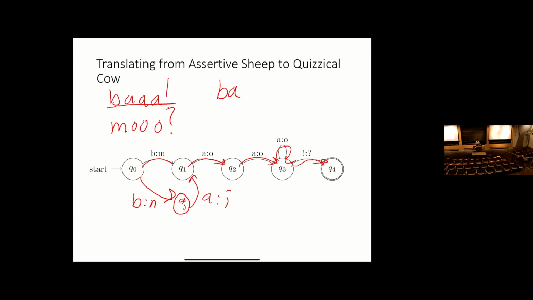Well, let's not do that. Let's do BAAA exclamation point.